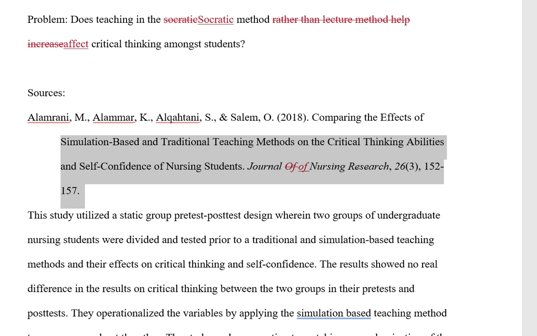It's not appropriate necessarily to include "retrieved from" for an article that is actually a print-based article. "Retrieved from" is what you would include in the reference for something that is only available online.